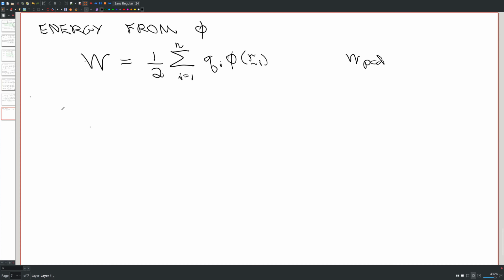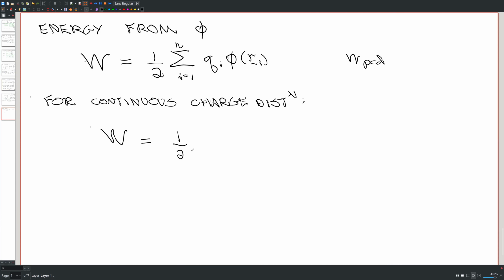And then for a continuous charge distribution, well, the equivalent of this is simply to change the discrete nature here to continuous nature, and what it becomes is just the integral over your volume. So let me write it as d tau of rho at r times the potential phi at r.